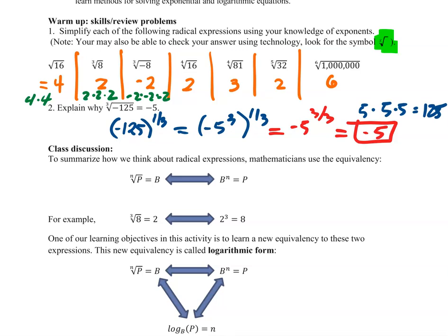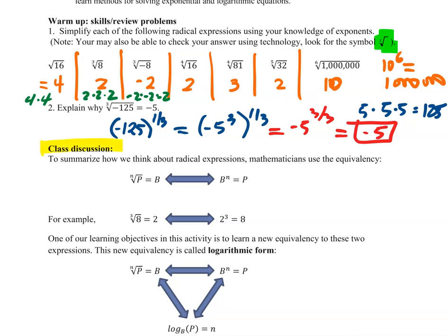For the fourth root of 81, 3 times 3 times 3 times 3 is 81. The fifth root of 32 is 2, because 2 to the fifth is 32. And the sixth root of a million is 10, because 10 to the 6 is equal to a million. Sorry about that.